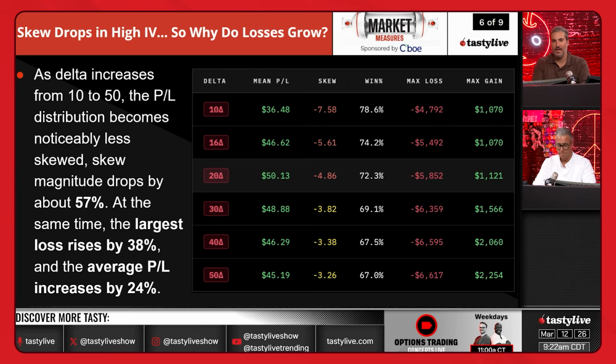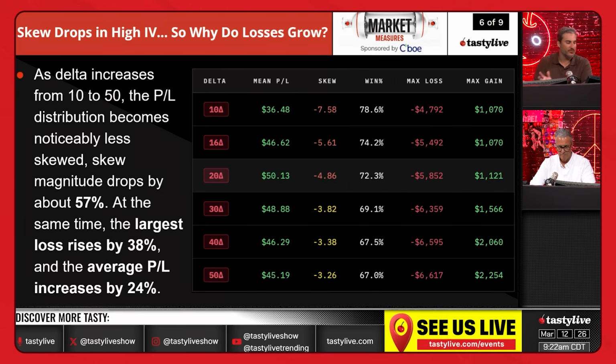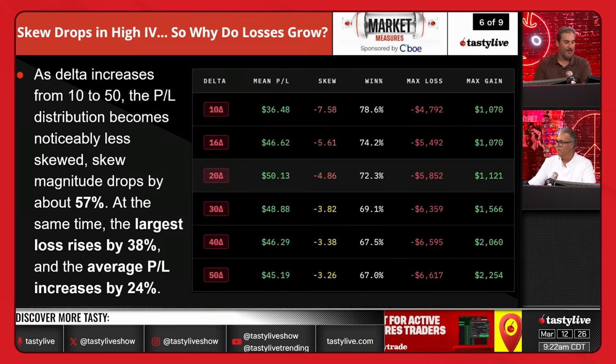So here we're looking at breaking this down by delta. As delta increases from 10 to 50, the P&L distribution becomes noticeably less skewed, and skew magnitude drops by about 57%. At the same time, the largest losses rise by 38%, and the average P&L increases by 24%.